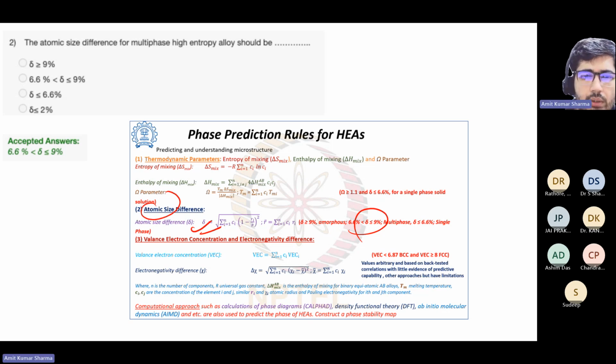For amorphous, it is greater than 9%. Multi-phase is in between, and for single phase, less than 6.6%. The question was asked about multi-phase high entropy alloy, so the answer is this. If it is asked about amorphous, then it will be this, and if single phase, then it will be this.